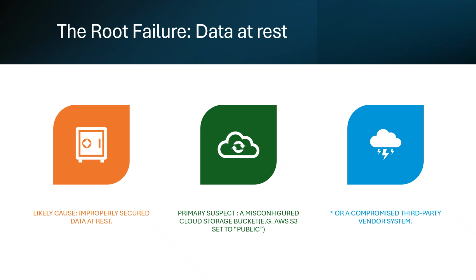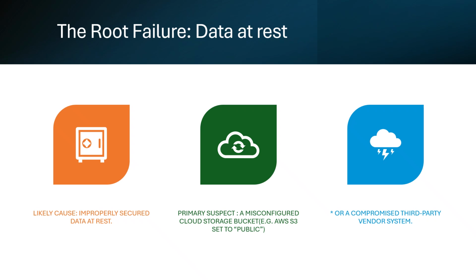While the exact initial access vector is still under investigation, the nature of this breach points to a critical failure in protecting data at rest. This relates directly to the course's modules in data security and cloud security. The most possible scenarios are either a misconfigured cloud storage bucket that was left publicly accessible, or a compromise of a third-party application or vendor that had access to this historical AT&T data.